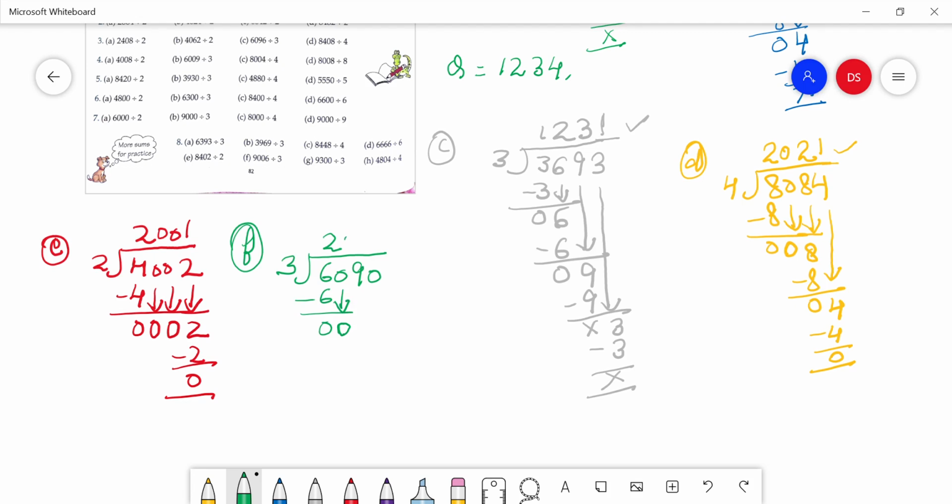So we will write 0 on the quotient place and we will note down the next digit, that is 9. 3 threes are 9. 9 minus 9 is 0. Last digit is also 0. So 0 will come on the quotient place. The answer is 2030.